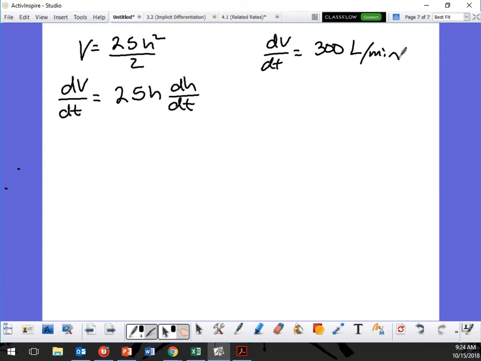Yes. My height is supposed to be in terms of meters. I can't have my height in terms of liters, right? So I have to convert that. So I know that 300 liters over 1. Now, if I do a unit conversion here, what goes on bottom? Liters go on bottom, right? Because I'm canceling out liters. So it's going to be liter there, meters cubed here, right?